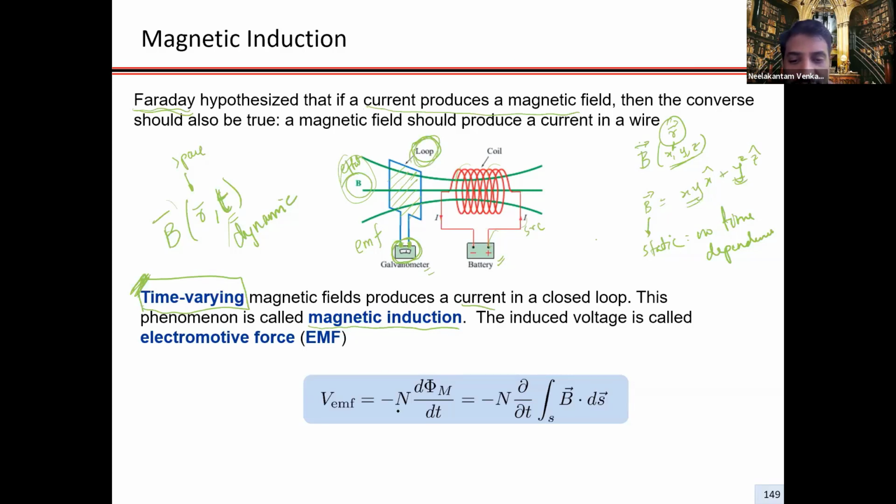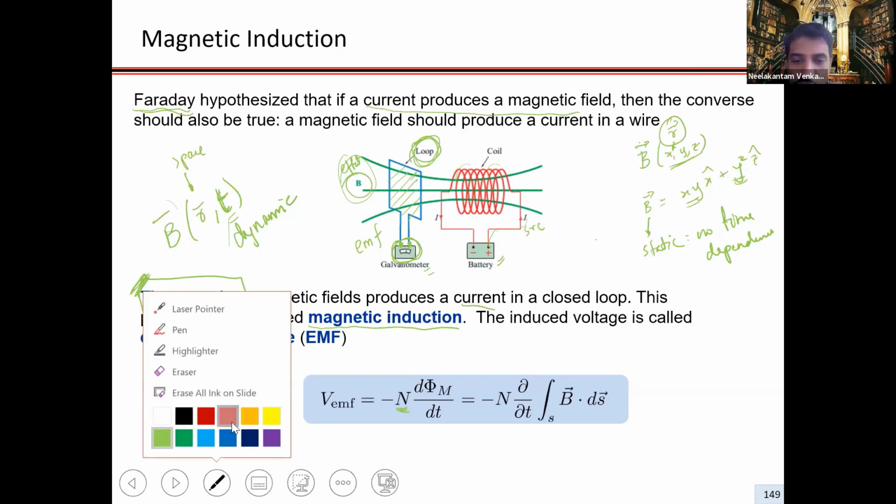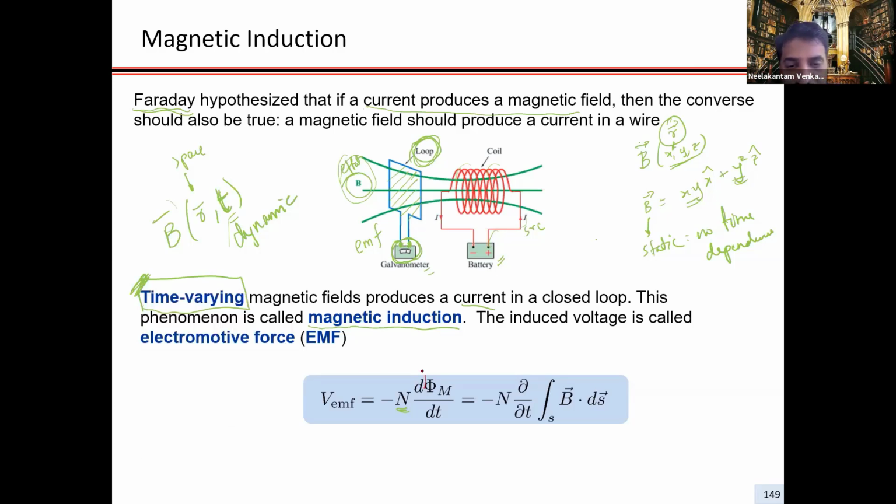If it is a coil, it has N loops, and the voltage is proportional to the time rate of change of the magnetic flux. So if the magnetic flux is not changing, that means it is static, then the d by dt is going to be equal to 0. Whereas if it is dynamic, then the d by dt is not equal to 0.